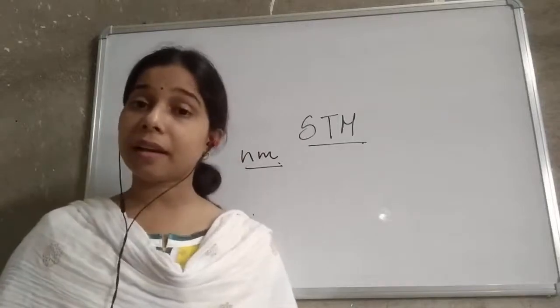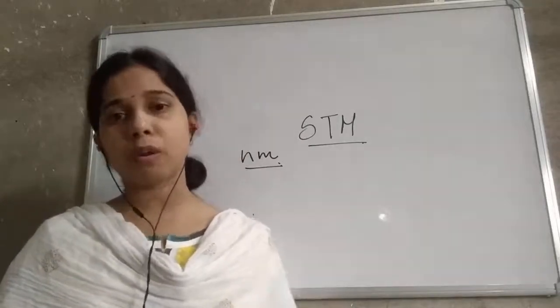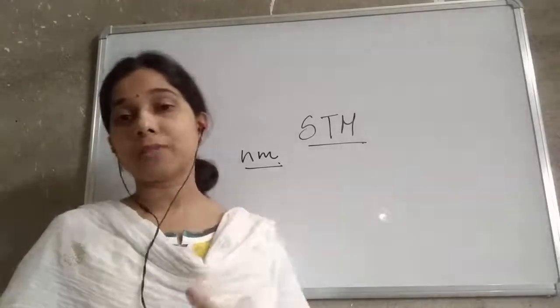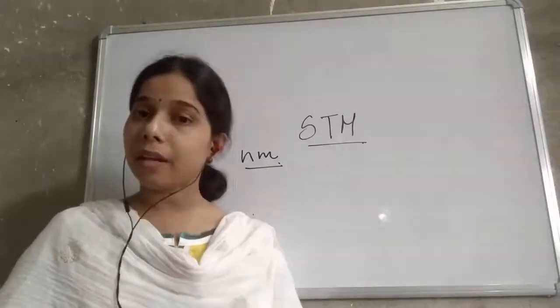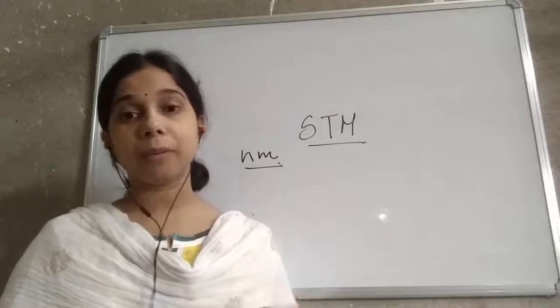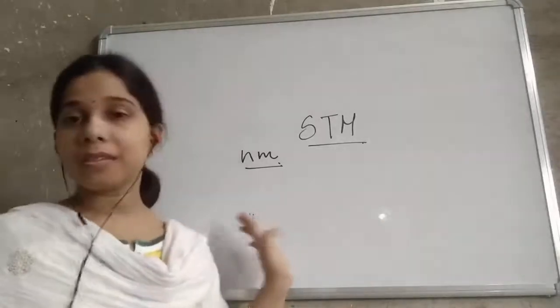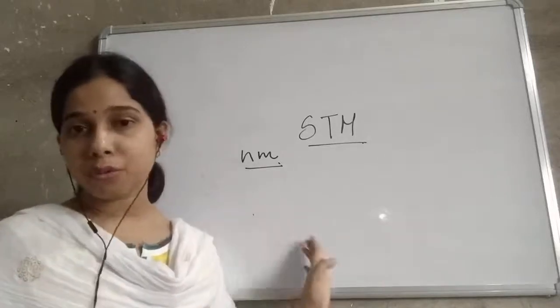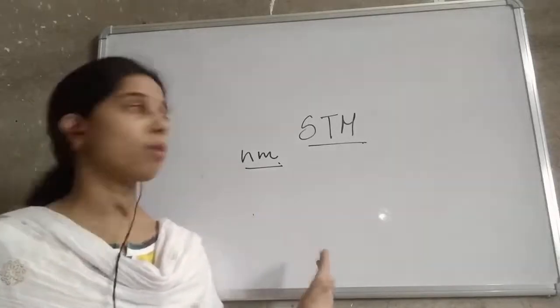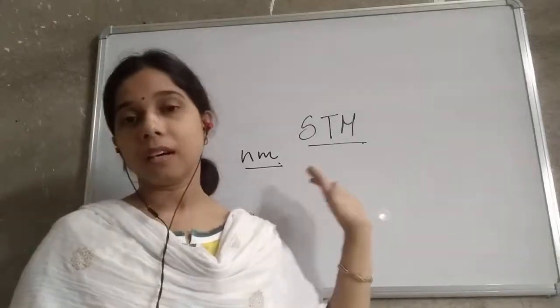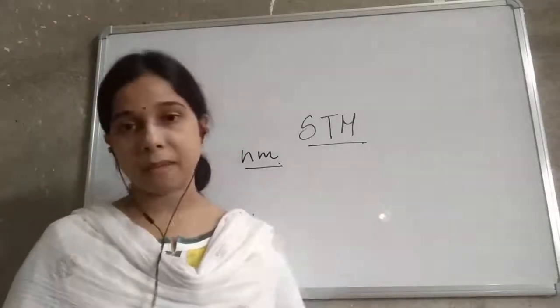The atom is so small that even if many layers of atoms are stacked together, the thickness will be less than a piece of paper. So we cannot see it with a normal optical microscope. We will see the layers of the atom with the help of the scanning tunneling microscope, that is STM.